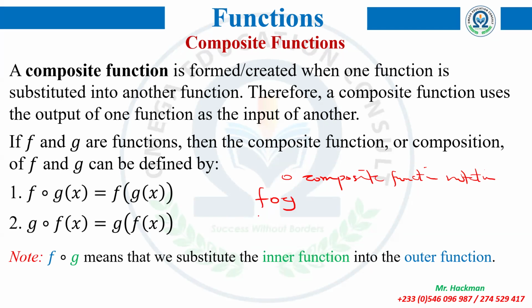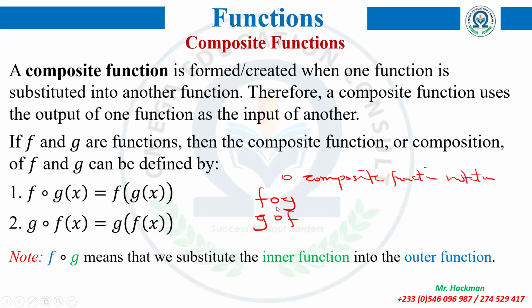Or the opposite: the composite notation, j can come here and f can be here. Is that not it? You get the point from here. Are you fine? So this is how you form the composition of two functions, f and j.